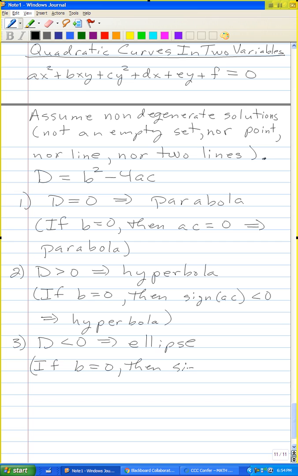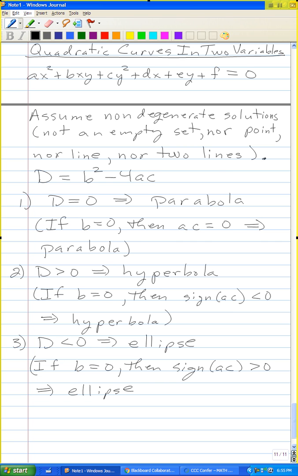If the signs of A and C are the same, both positive or both negative, then we have an ellipse. So if this b is 0, with no xy term, then if one of the square terms is missing, parabola. If the signs are the same, ellipse. If the signs are different for the squares, hyperbola.